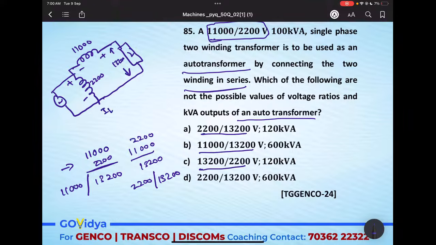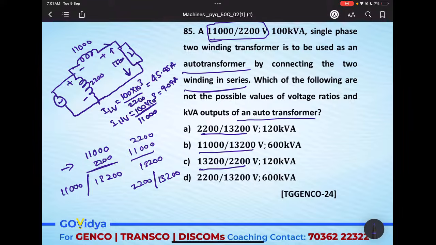Current ILV is equal to 100 kVA divided by 2200 volts, so the current will be 45.45 amperes. On the secondary HV side, the kVA needs to be the same on both sides, so with 11,000 volts it will be 9.09 amperes.